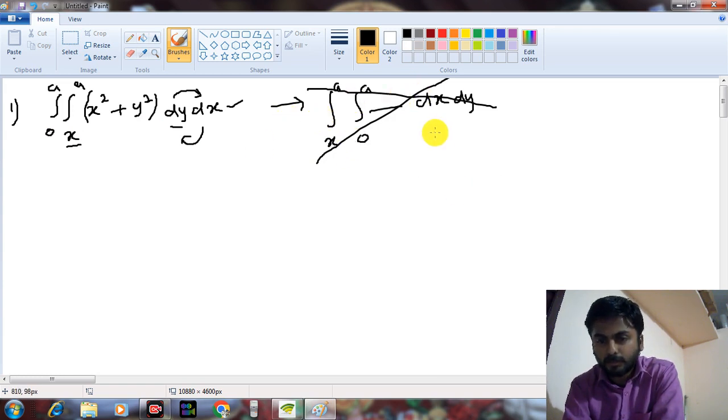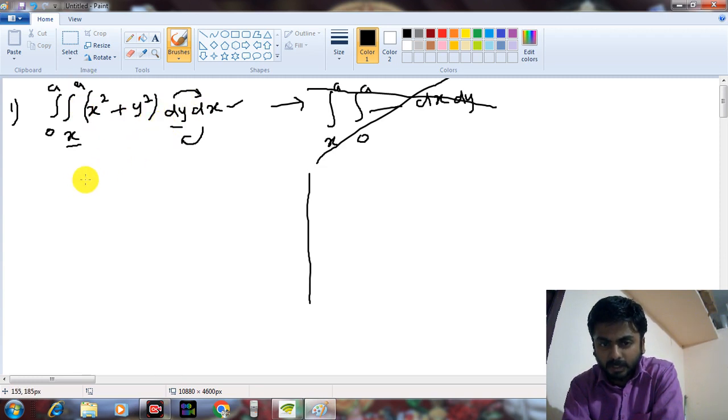So I am splitting this page into two halves. What is the first differential operator we have? The integral operator is integral over x to a, dy.